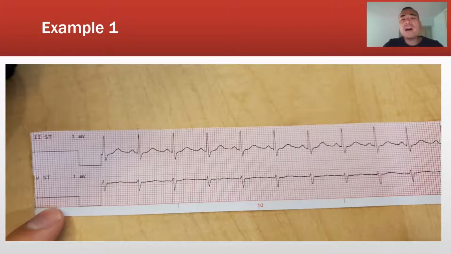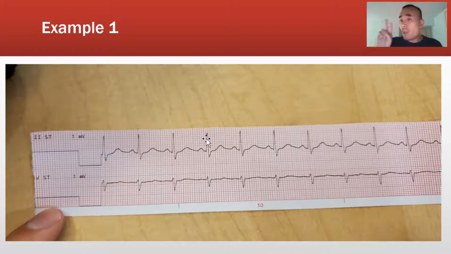Number 2, what's the heart rate? For the heart rate, we use the 1500 rule. You count the number of tiny squares between the 2 spikes here. When you count, I got 15 in here. If you get 15 or 14 or 16, don't worry, because it's very hard to have exactly 15 every single time.